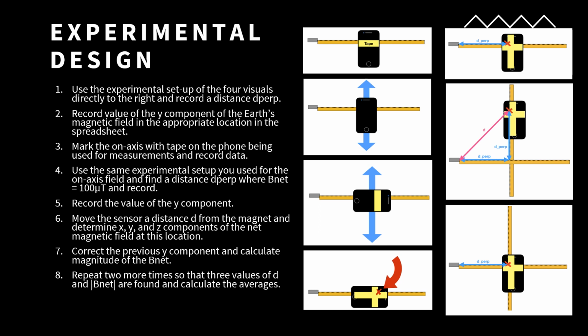Then we're going to use the same experimental setup, which is going to be these four pictures, where B net is equal to 100 microtesla, and record the value of the y component. We're going to move this to a distance d, correct the y component and calculate the magnitude of B net. We're also going to repeat this 2 more times so that we have good measurements.